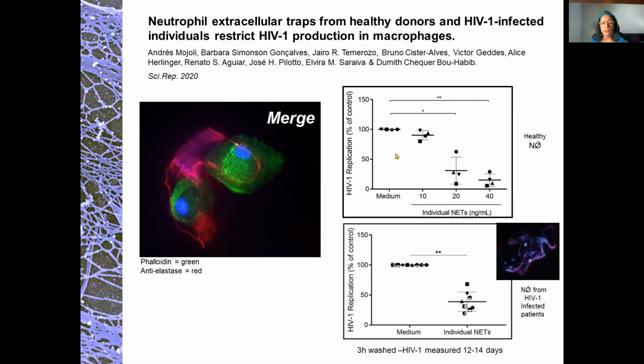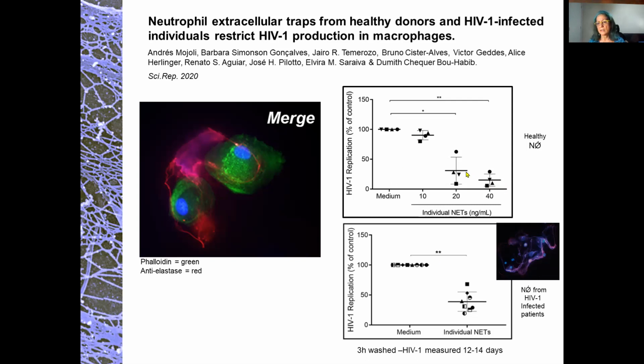So we treated those macrophages infected with HIV just for 3 hours with these different concentrations of NETs. Then we wash these cultures and we measure the HIV replication 12 or 14 days after this treatment. And we see a very important decrease in virus replication.